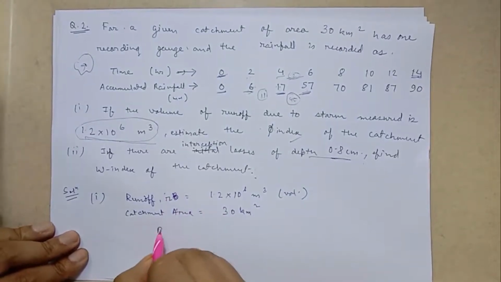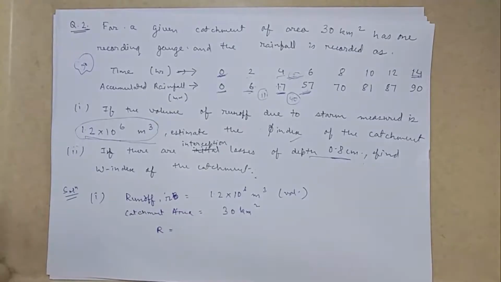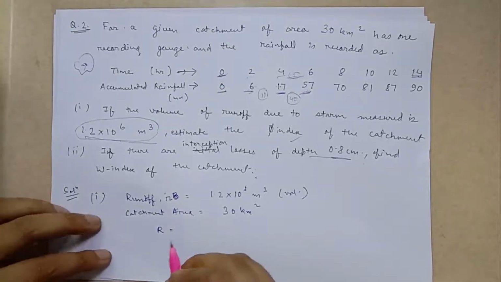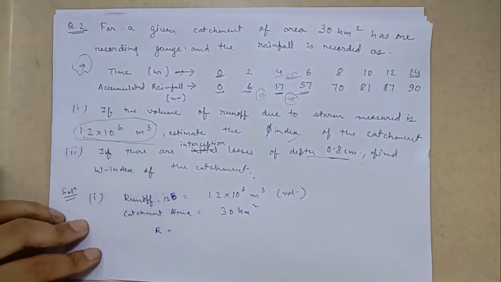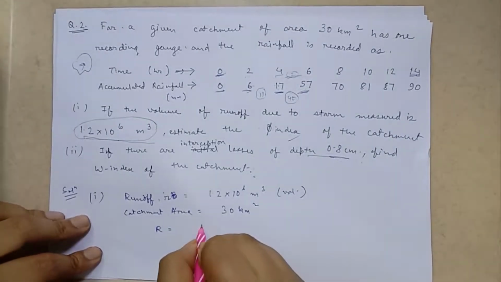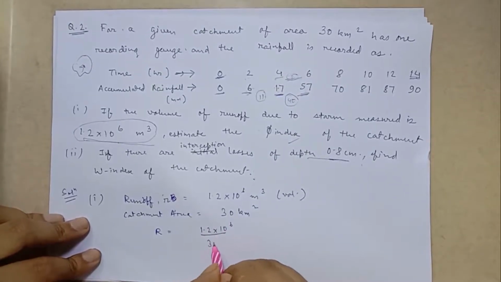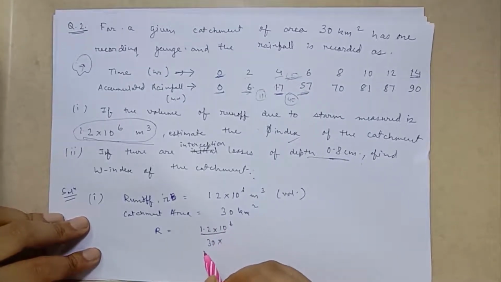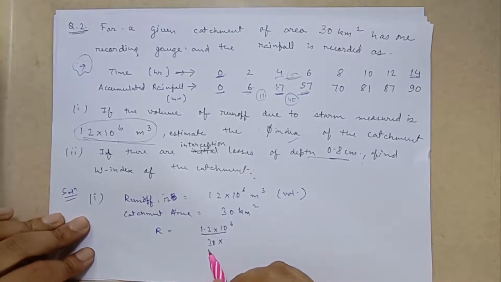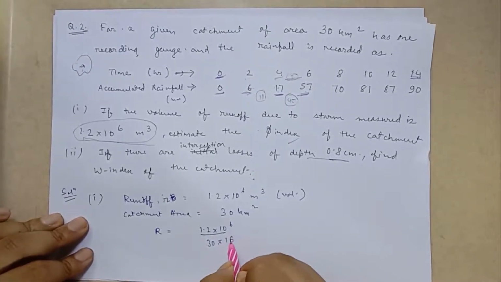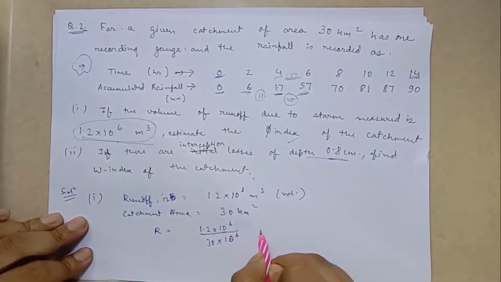So the value of our r, that is the actual runoff, is runoff in depth. We have r is equal to 1.2 10 to the power 6 divided by 30 multiplied by 10 to the power 6. Because it is in kilometer square, we are converting it to meter square.